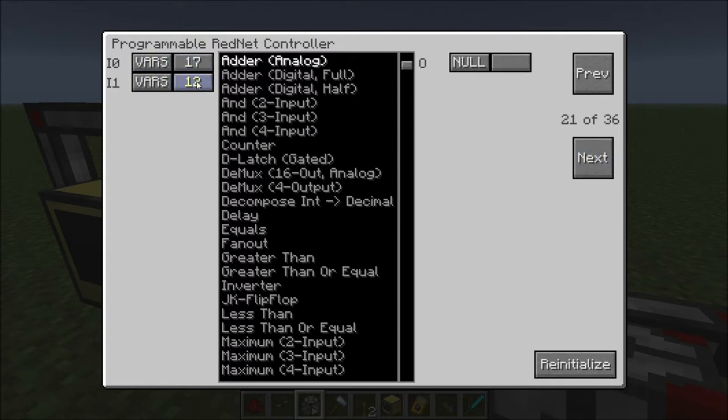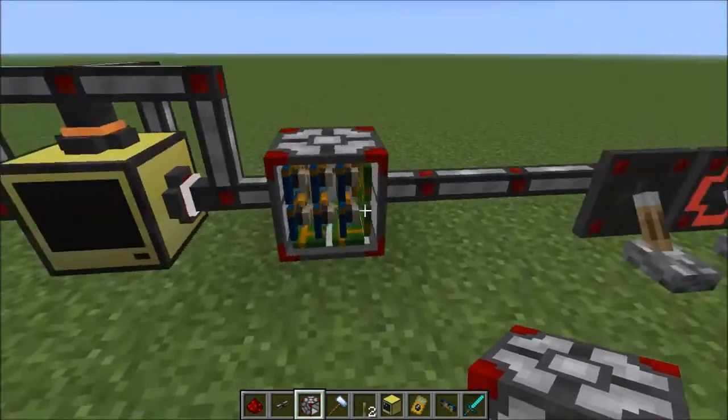And output them to the left on the third colour. So that will now be an analog redstone output. And now let's go to the final colours.